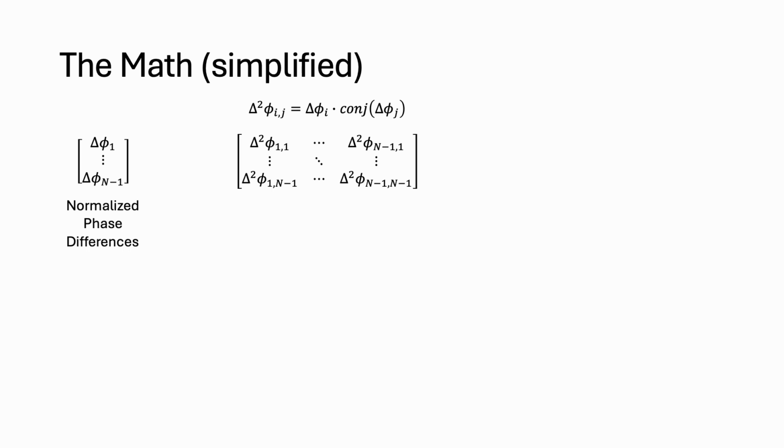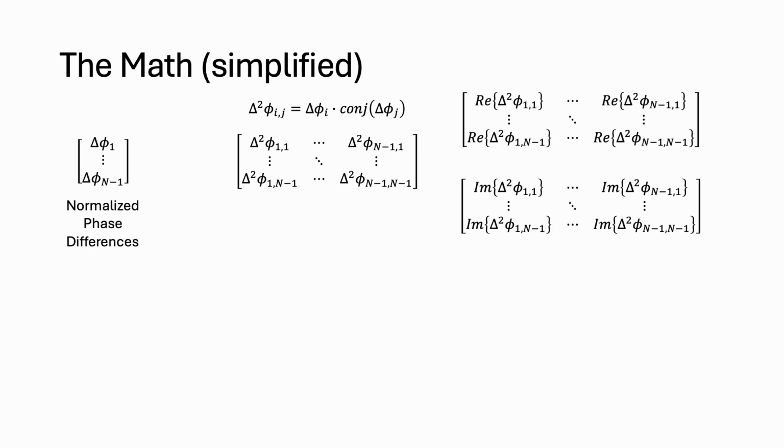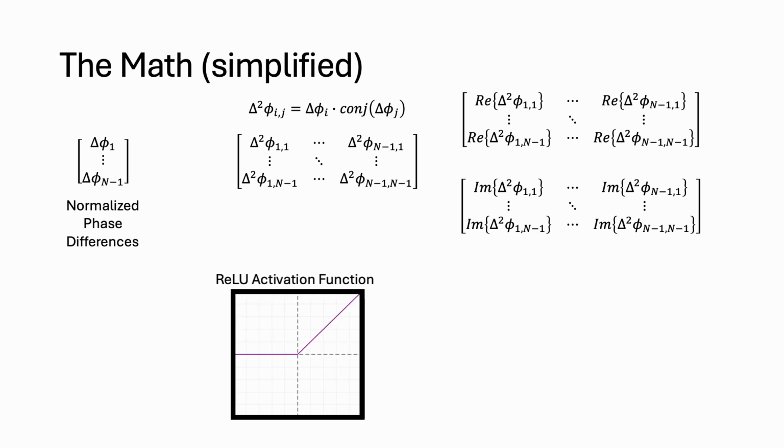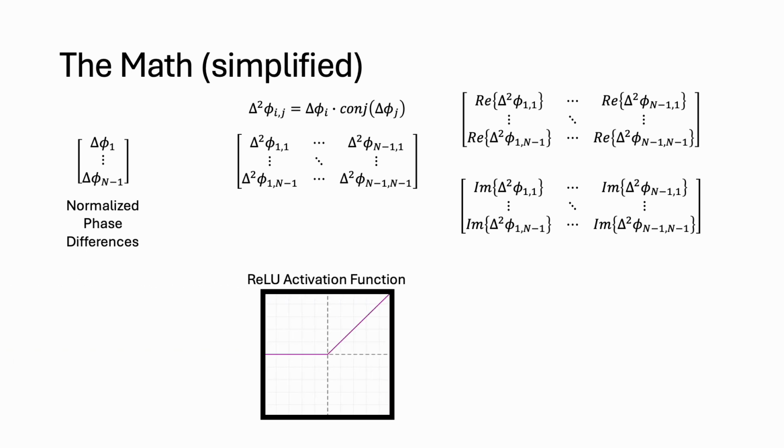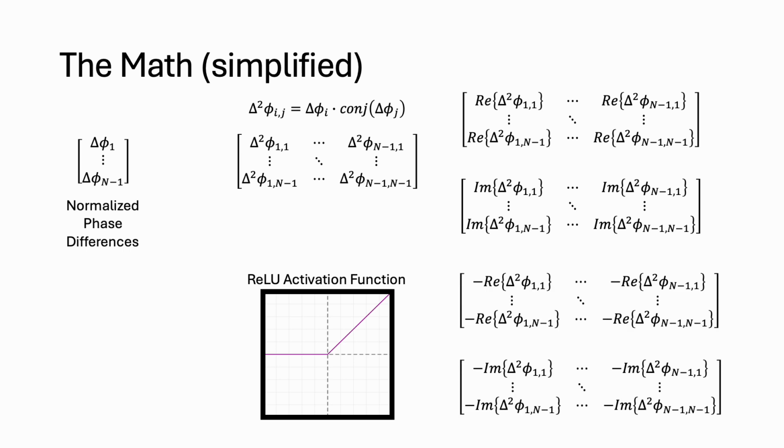And because our neural network needs values between 0 and 1, we can take the real and imaginary components. Now, because we have a ReLU activation function, any value from 0 to -1 will kind of be ignored. So we also include the negatives of these real and imaginary separations.